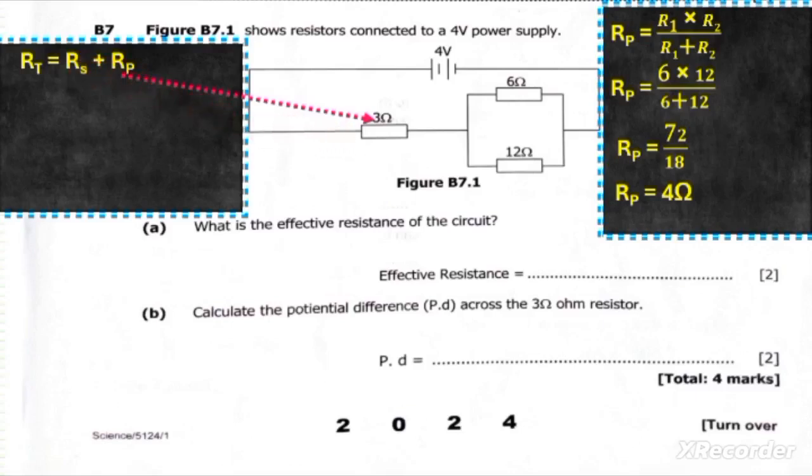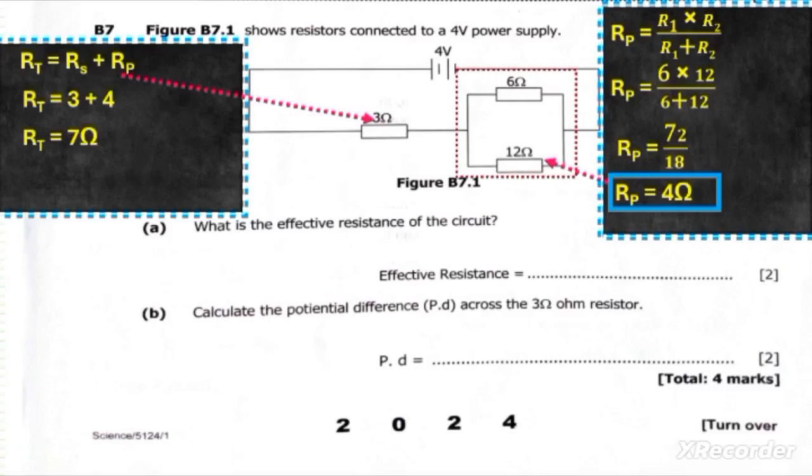So therefore, effective resistance is equal to 3 plus 4, which is 7. So the effective resistance is 7 ohms. We move to the next question, which is question B.